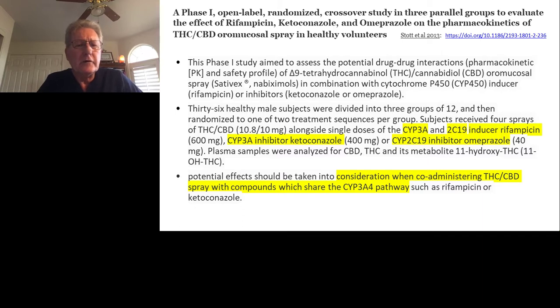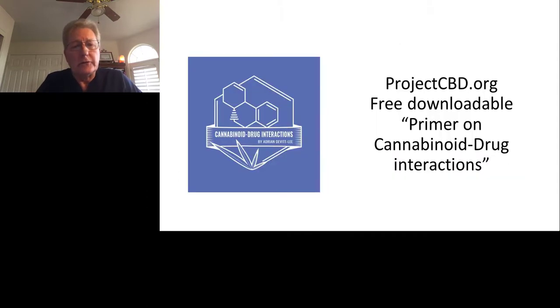What they found is that if there is a patient on cannabis and on another prescription medication that is influencing, either by inhibiting or inducing, the 3A4 pathway, you should take a look at that impact in potential drug-drug interaction.